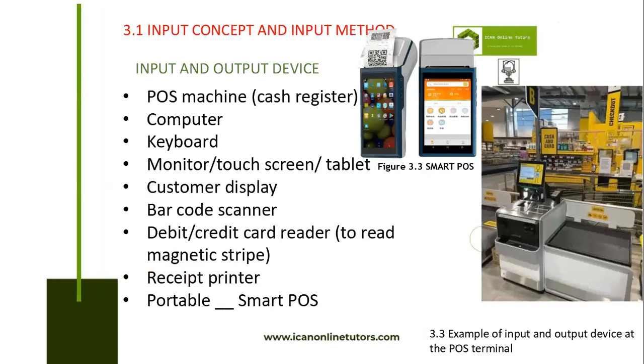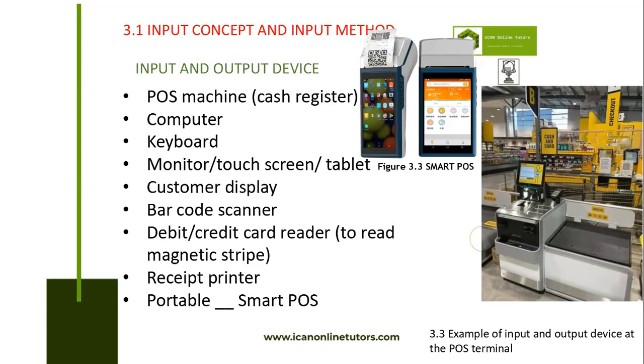So for a POS terminal, we can have your POS machine, which we can also call the cash register. You can have your computer monitor or the whole computer itself, then the keyboard. You can have the monitor or the touch screen or the tablets.